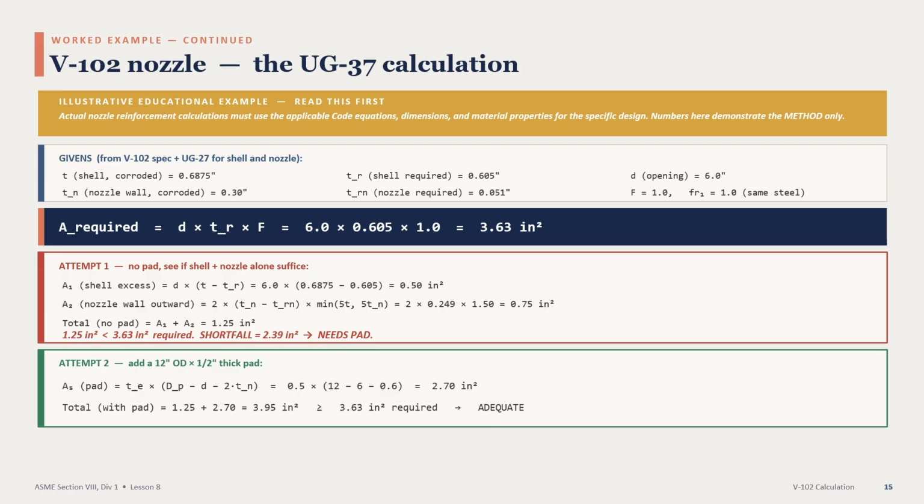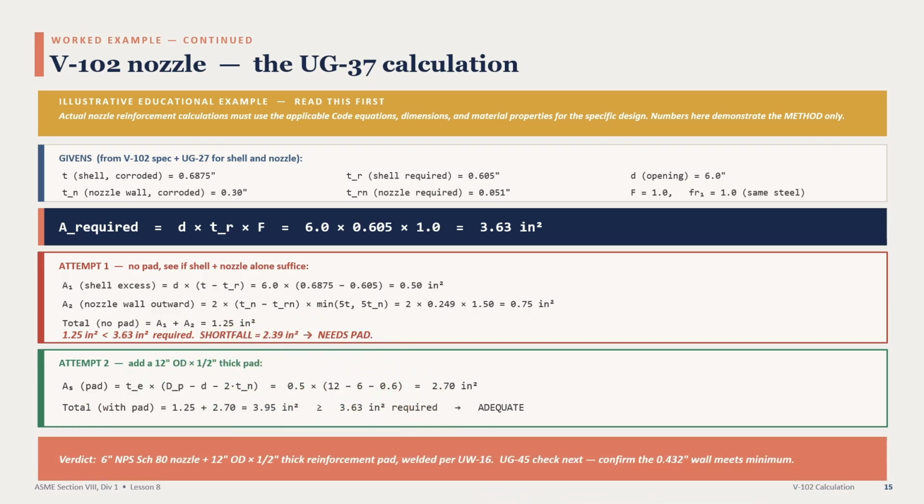That's 0.5 times 5.4, which gives 2.7 square inches. Total available with the pad, 1.25 plus 2.7 equals 3.95 square inches. And that's greater than the 3.63 we need. Adequate. Design passes.